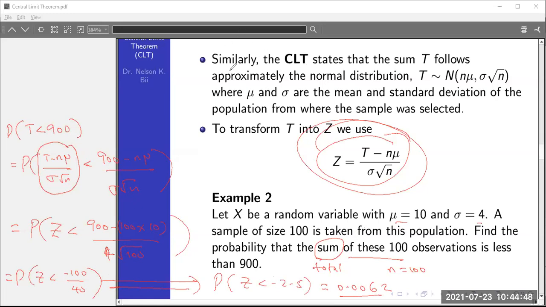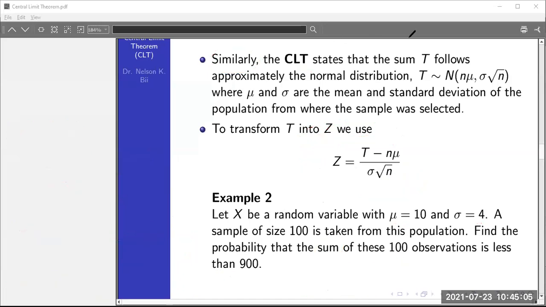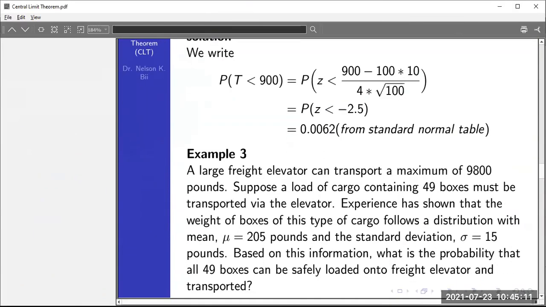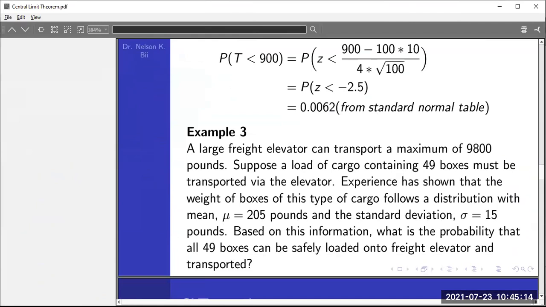So this is just another way of defining what the central limit theorem is. That's why we are saying here, similarly, the CLT can be stated as follows, okay? So that's one way of doing it. This question is no different from the one we did in example 1, simply to give us another way of defining the central limit theorem.